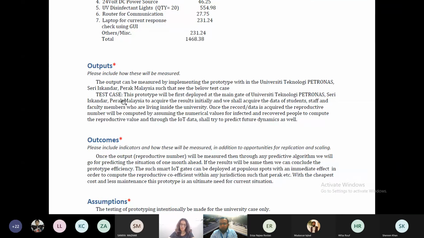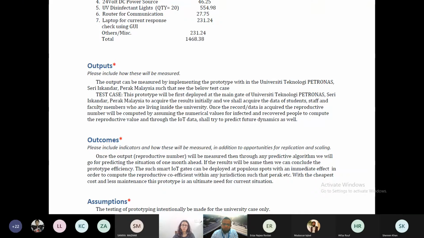For the test case, they don't want you to do some extraordinary work. I repeat this thing and really emphasize it. So I kept it very low level. I said that I'll implement this entire thing within my university, and within the university I'll require the people who are in hostels. I will get their data, their images, and I will implement the same thing on it. So that was the test case.